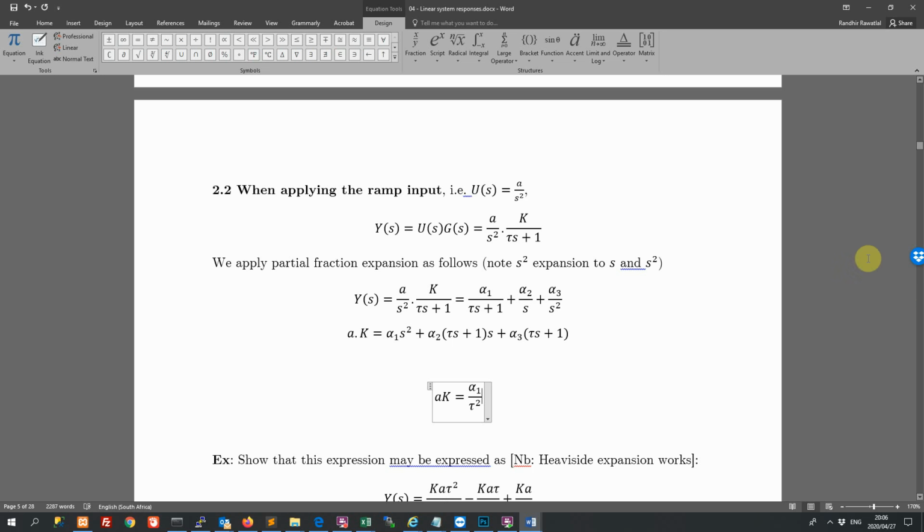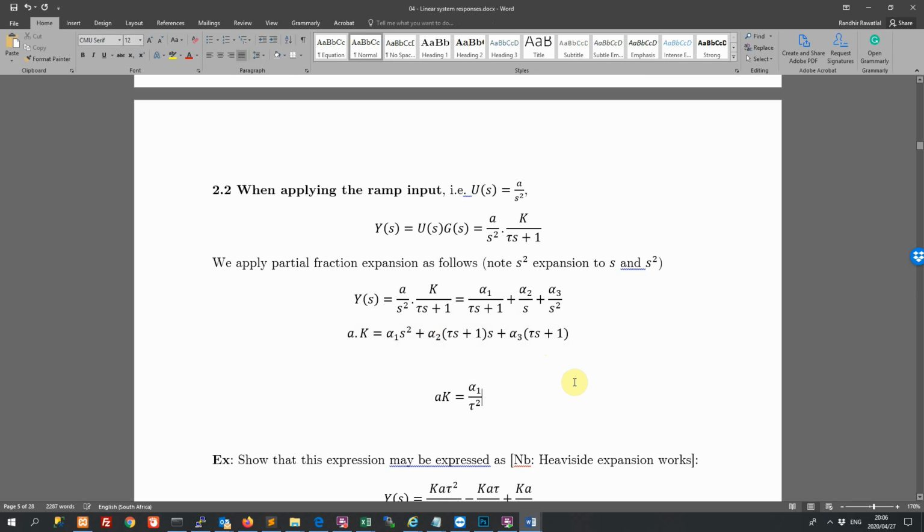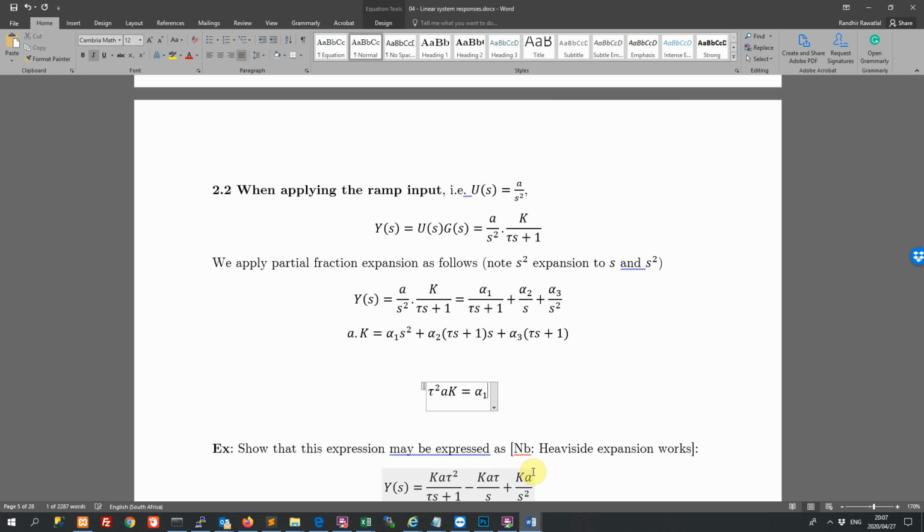Plus, and then if we apply in here minus 1 over tau, then tau times that is going to be minus 1. And so minus 1 plus 1, that's a 0. So both these will be 0 for the same reason. So these all vanish. And so we can say quite easily alpha 1 is tau squared times AK. So we've already got alpha 1.